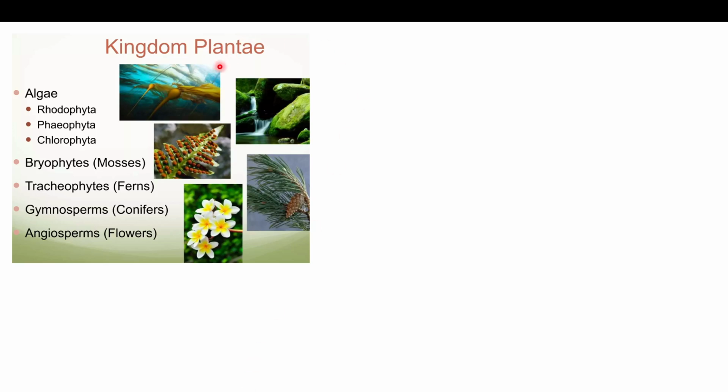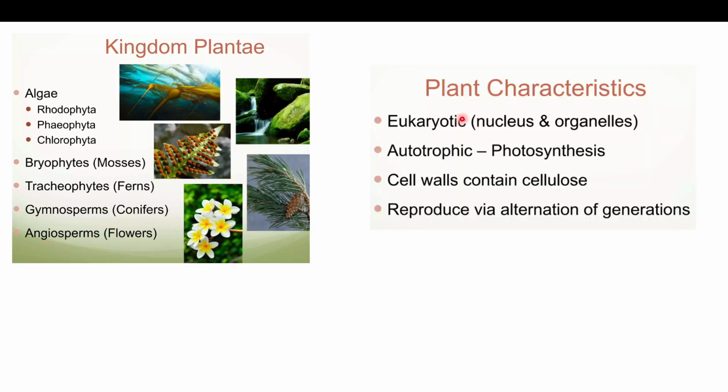Okay. Then we have the Plantae kingdom, which is subdivided into algae, bryophytes like mosses, ferns, conifers, and flowering plants, which are angiosperms. And mostly, if we talk about the characteristics, it's eukaryotic, having a well-defined nucleus and membrane-bound organelles.